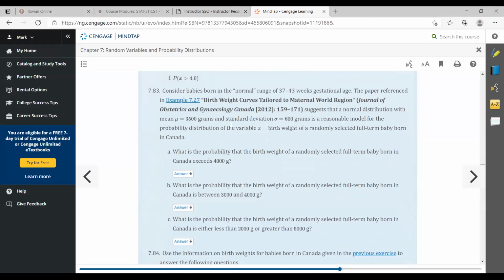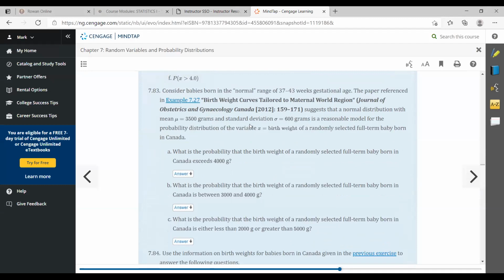So it says here, consider babies born in the normal range of 37 to 43 weeks. It suggests that a normal distribution with a mean of 3,500 grams, standard deviation 600 grams is a reasonable model for the probability distribution of birth weight of a randomly selected full-term baby born in Canada.